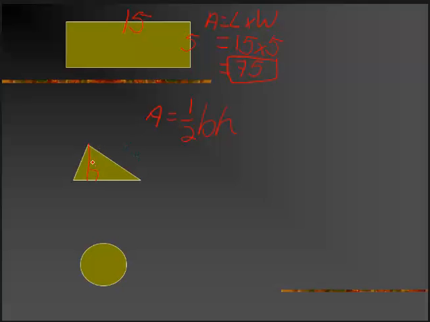So let's say that this height is 2 and that this base down here is 4. Again, we just plug it in. 1/2. My base is 4. My height is 2.